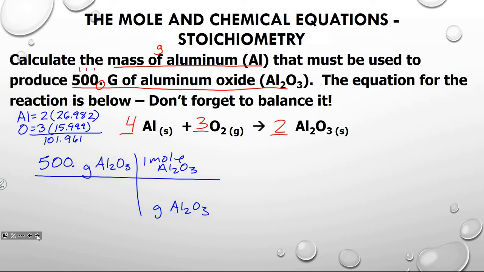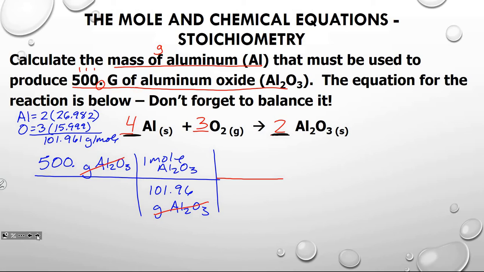.961. Okay, and that's grams per mole. So we put 101.96. At that point I can cancel out grams, right? This is where my mole ratio comes from. I have moles of something, but I want to find out how much I've got of something else. Once I'm in moles, I can go to the equation and say, okay, I'm going from this one to this one.